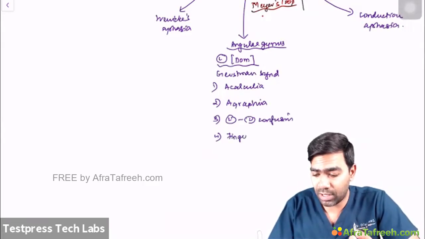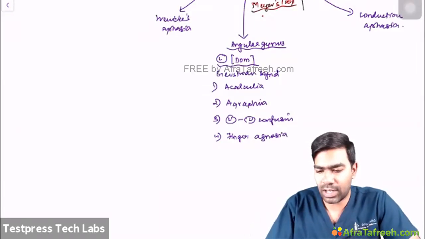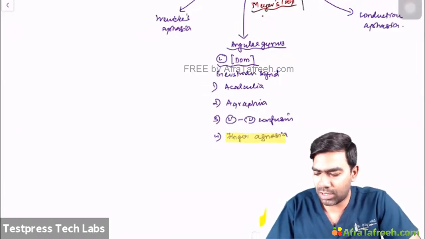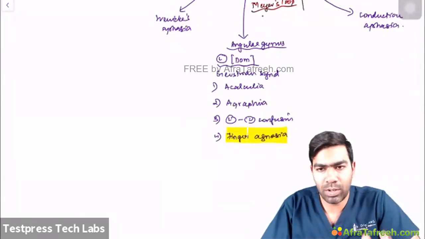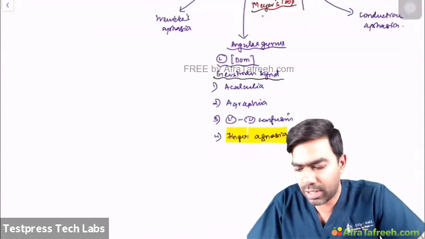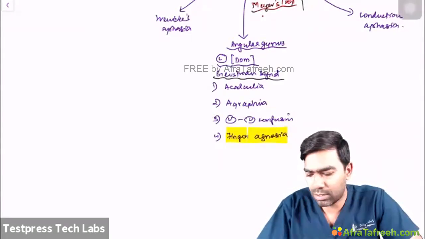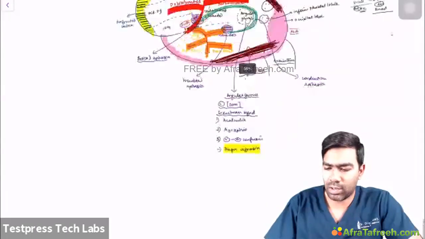That's called finger agnosia. So these are the four categories, and the finger agnosia is very difficult to explain because even neurologists are not able to explain why that peculiar finding occurs. But nevertheless, Gerstmann syndrome is a tetrad of four findings: acalculia, poor calculation; agraphia, that is poor writing; then left-right confusion; then finger agnosia.